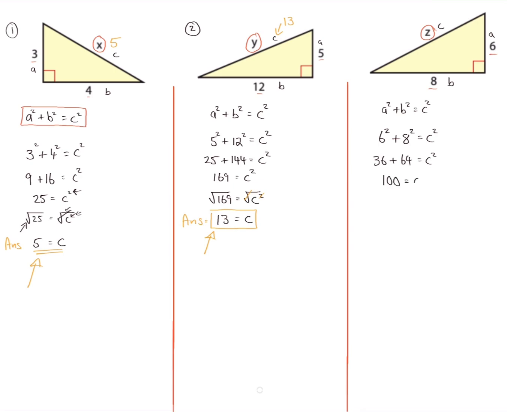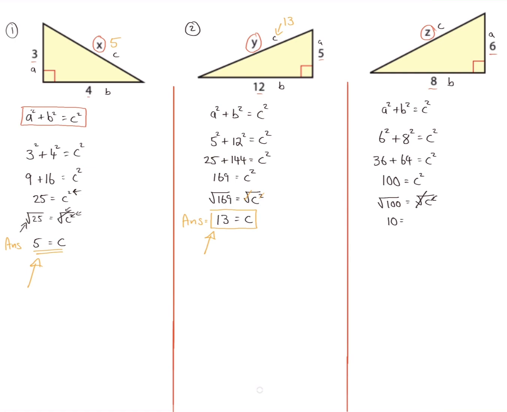100 equals c squared. Now, I want to get rid of the squared, the little 2 above the c. So I find the square root of both sides. All right, square root of both sides. And this cancels with this. So the square root of 100 is 10, because 10 multiplied by 10 is 100.